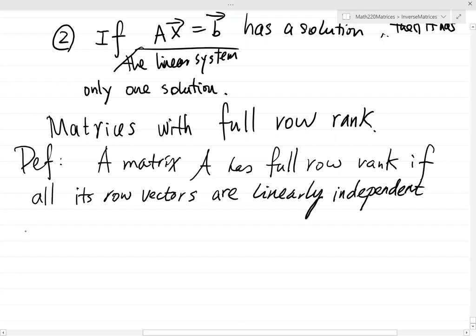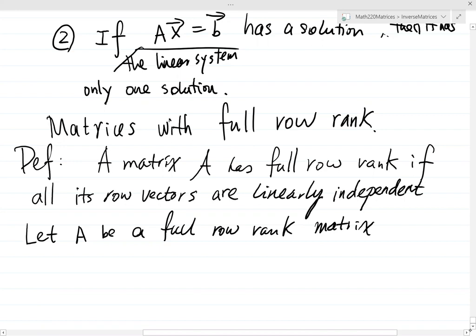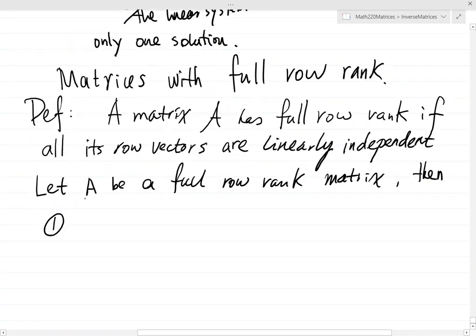Suppose A is a matrix. Now let A be a full row rank matrix. Then we study certain properties of A. What properties does A have? First of all, none of the row vectors is zero, because the zero vector is linearly dependent on any other vector.